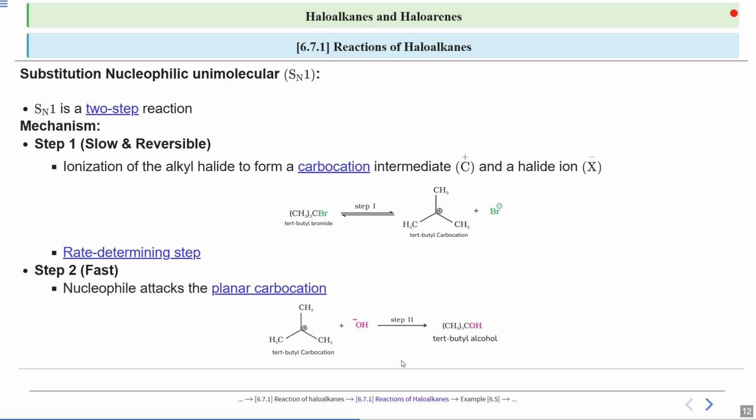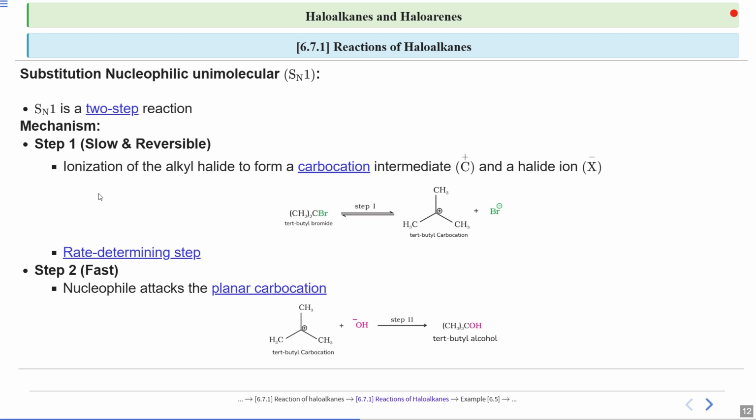Here, after the hydroxyl ion nucleophile attacks this carbocation, you get tertiary butyl alcohol, that is CH3 whole thrice COH. So at this tertiary carbon, the hydroxyl group is attached.